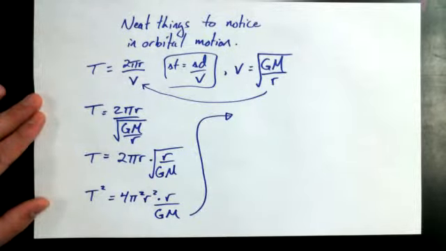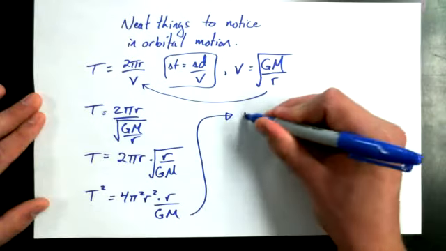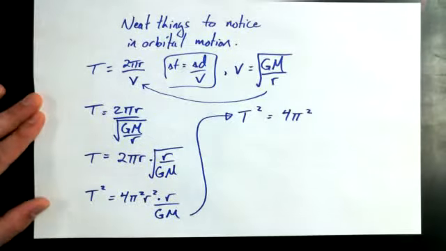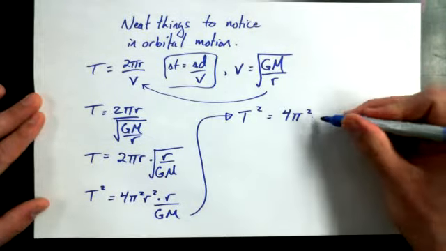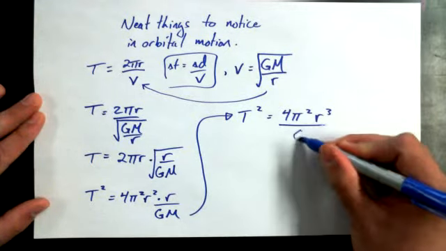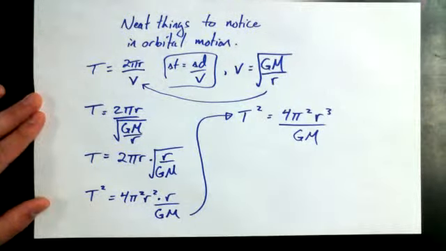Now I want to simplify it one step more. I want to say that period squared is equal to 4 pi squared times, now r cubed, because r squared times r, over GM. Doing a little bit of rearranging.